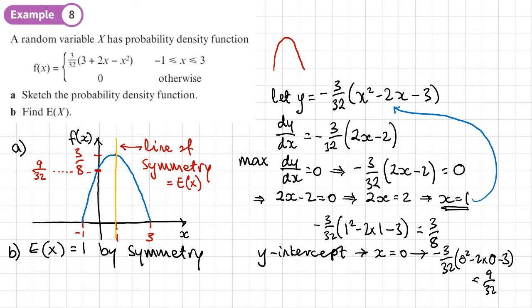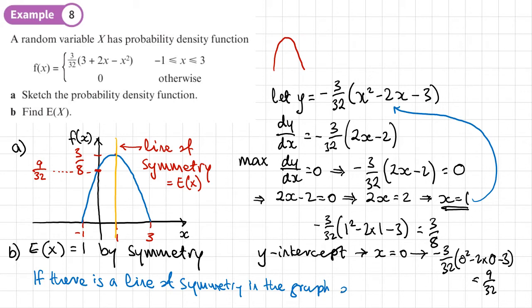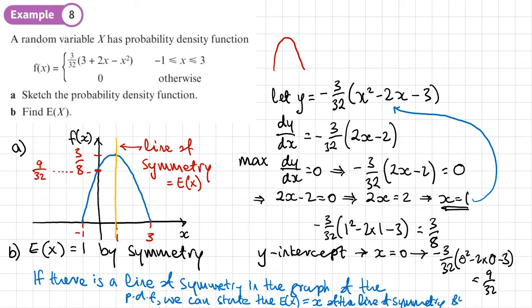So if there is a line of symmetry in the graph of the PDF, we can state the mean, E of x, equals the x value of the line of symmetry, and we just write by symmetry.